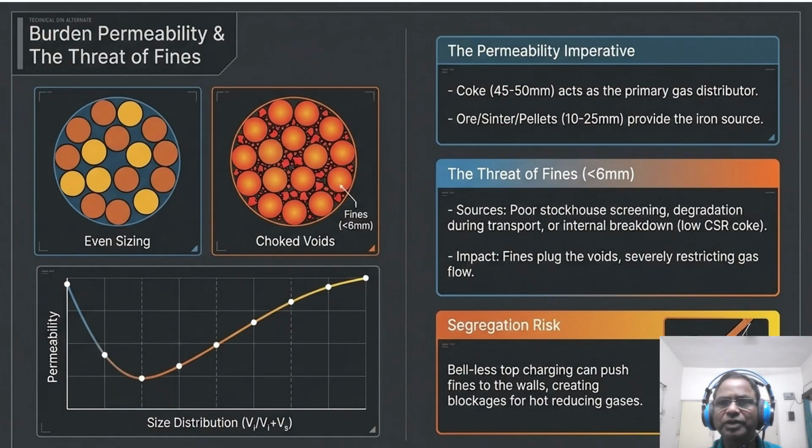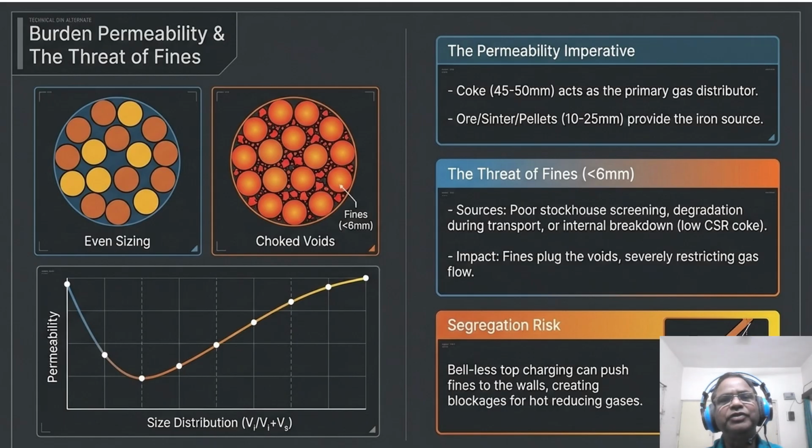And most importantly, we have to understand that fines of this granulometry contribute to a different preferential segregation, especially in coke and ore, due to the difference in their density.